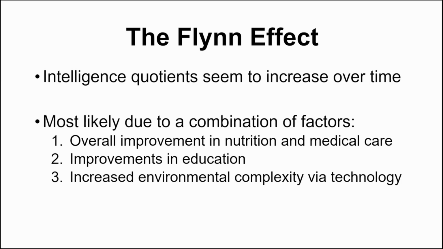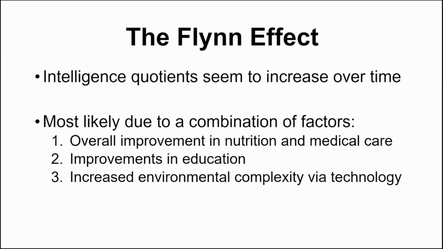We'll often keep a test once it's been created and standardized and then use that as our standard. But the population changes over time. So this is something really weird. This is an accidental finding, but we found that intelligence test scores tend to rise by about 0.3% every year.